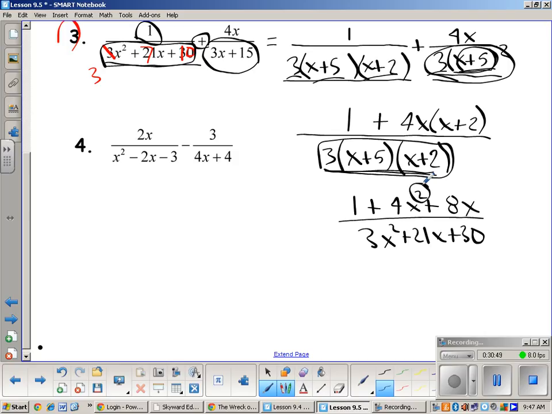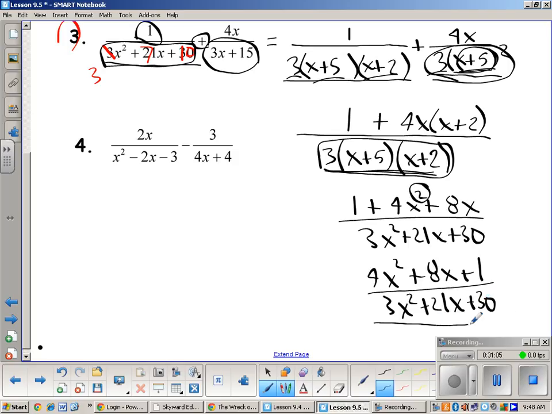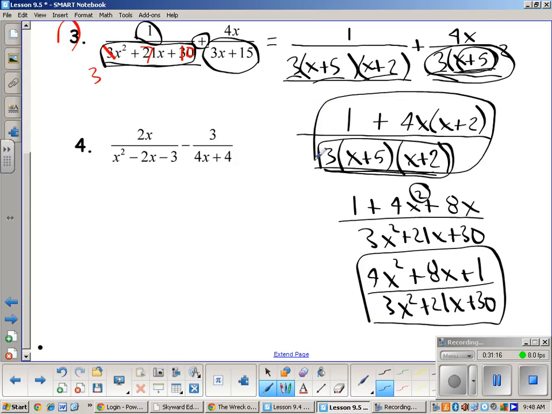So if we clean up that top, we get 4x squared plus 8x plus 1 over 3x squared plus 21x plus 30. And as hard as you may try, that does not simplify anymore, because we already looked at it in factored form, and there's nothing there.